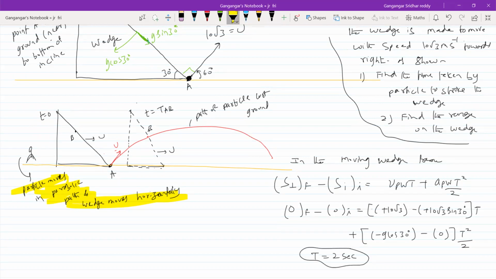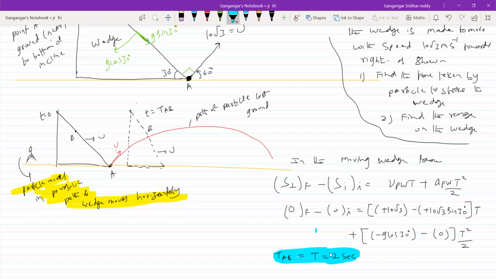Okay, this will be our answer. Now, what should you call this T? Time taken to move from A to B. So if you want t_AB, you can write it. In the end, I'll write it here.